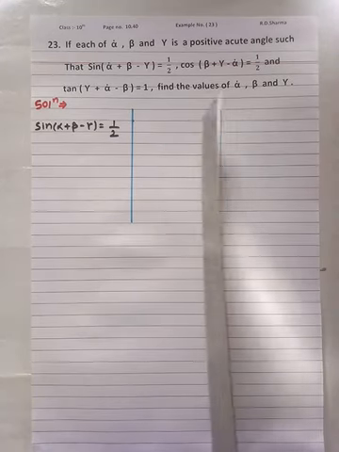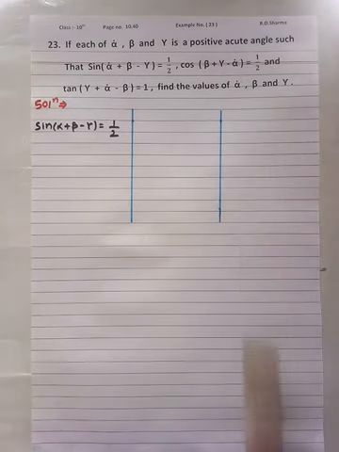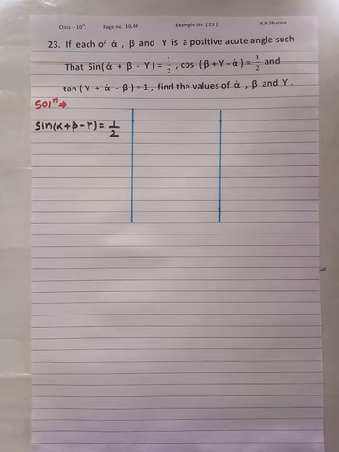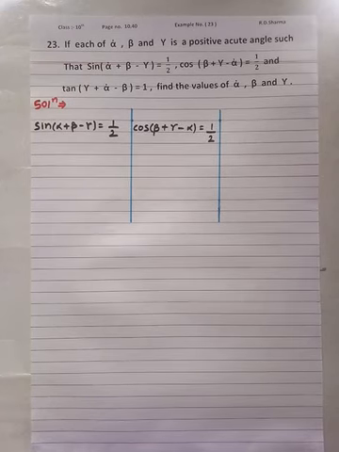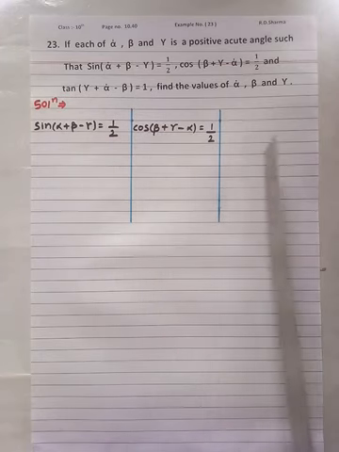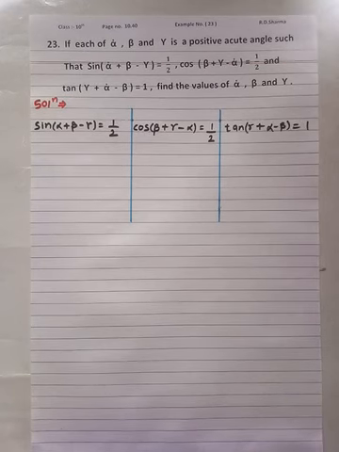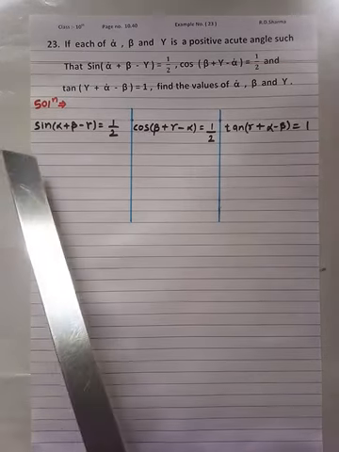In the second column, write the second condition, cos(beta plus gamma minus alpha) is equal to 1 by 2. In the third column, write tan(gamma plus alpha minus beta) is equal to 1. Then observe the first column cleverly.